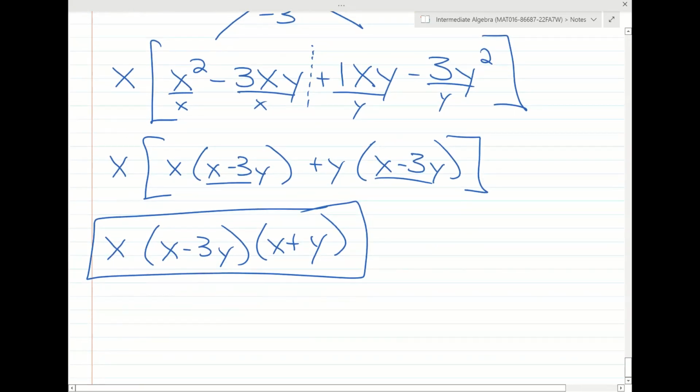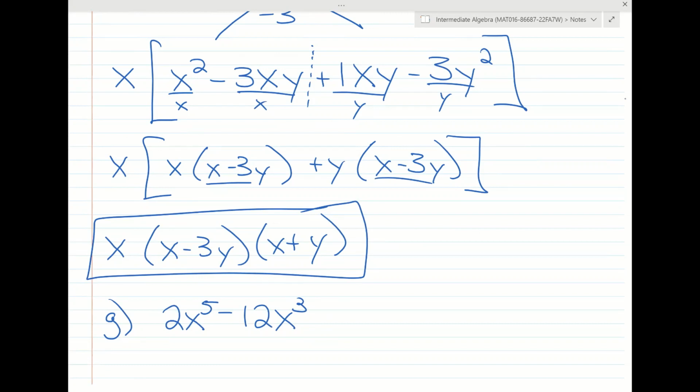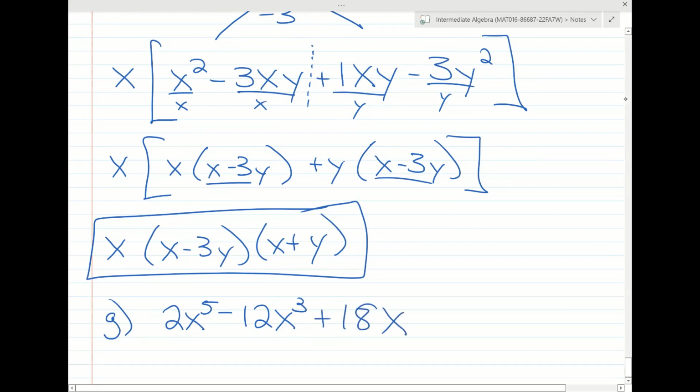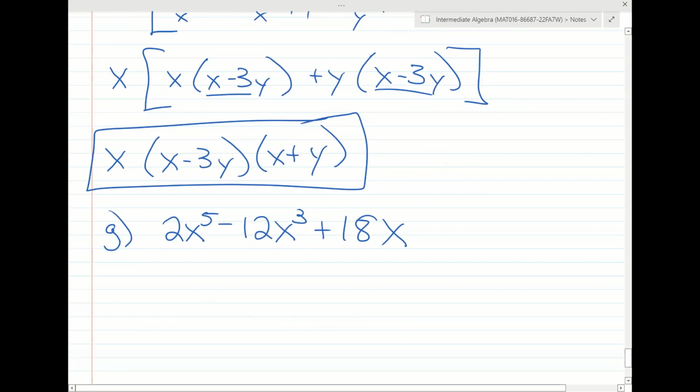All right, we'll do one more and get out of here. How about 2x to the fifth minus 12x to the third plus 18x? All right, we'll do the same process we did before.